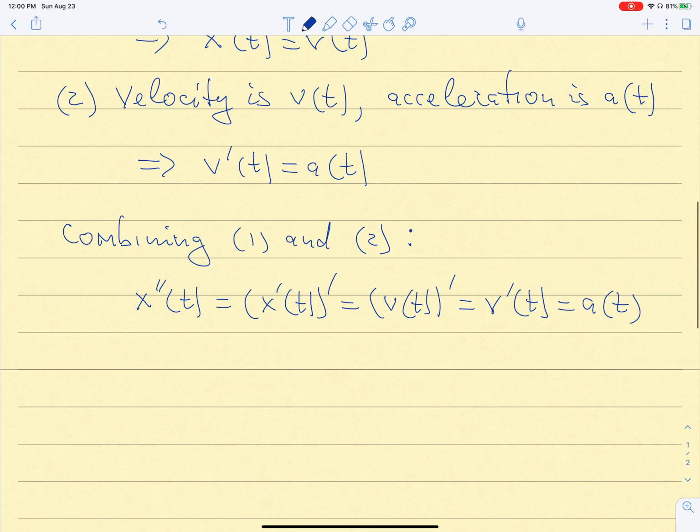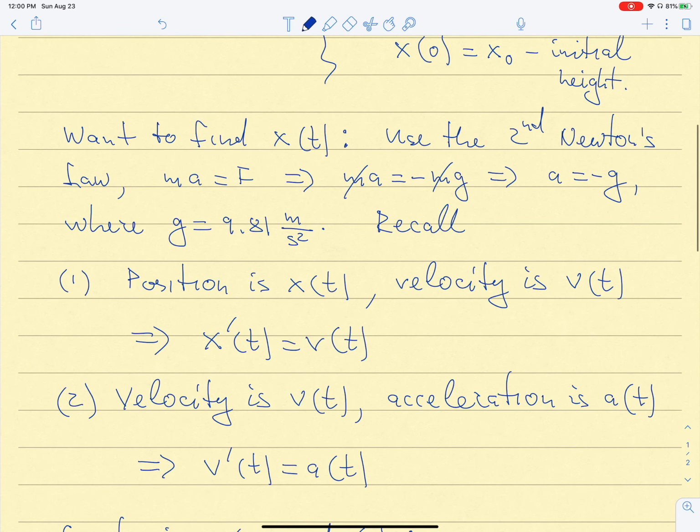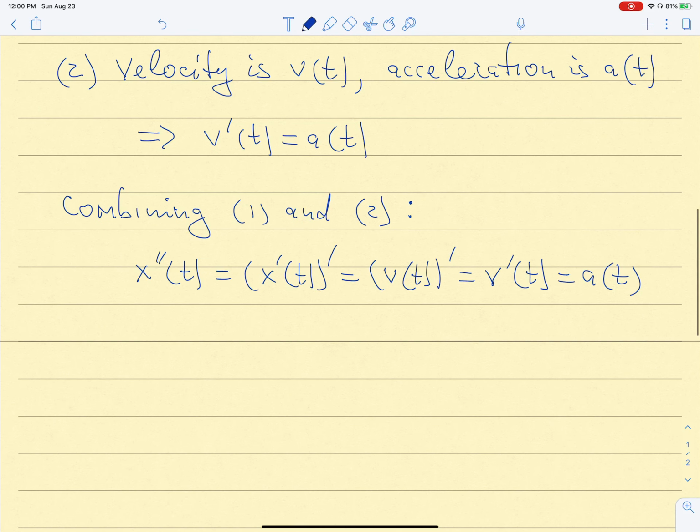And so what we get, because in this case gravitational acceleration is minus g, is that in our case x double prime of t must be equal to minus g. And we know that g is a constant, 9.81. So g, just to re-emphasize this, is a constant.